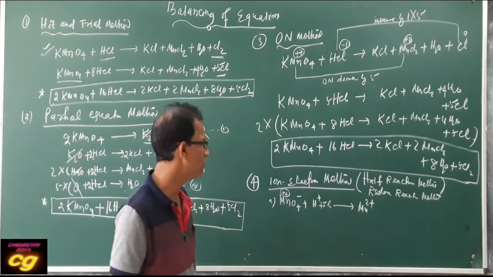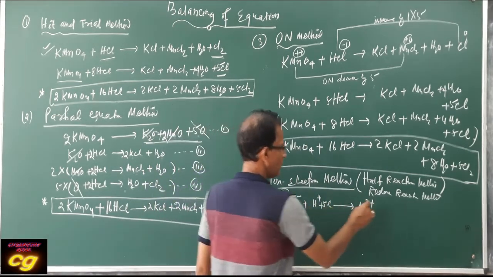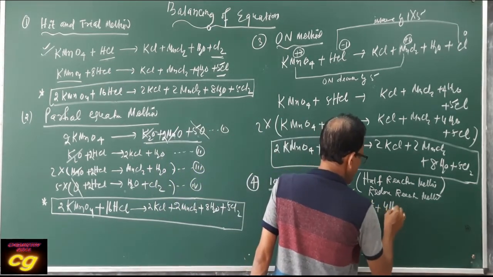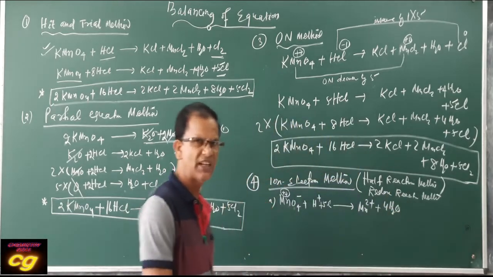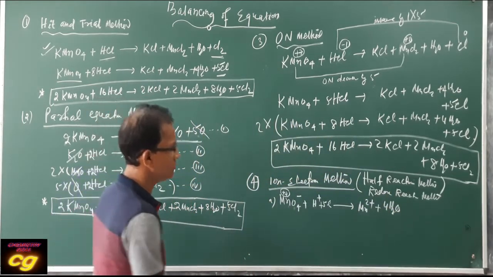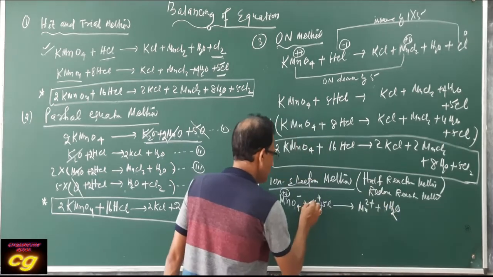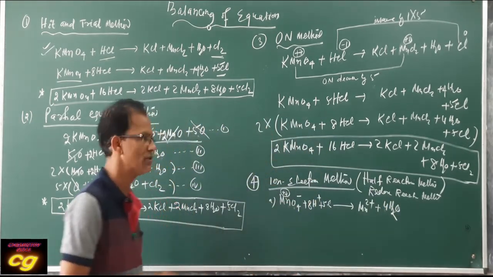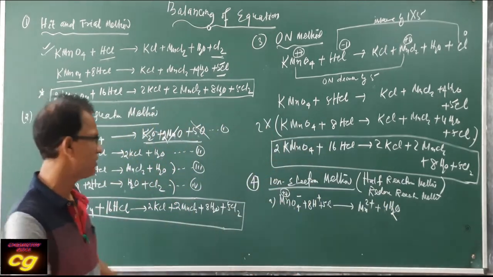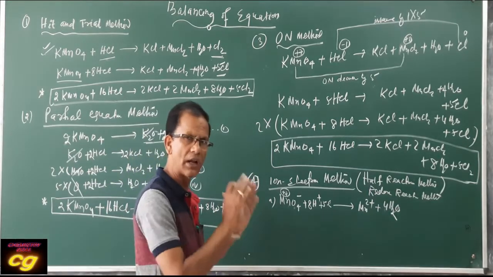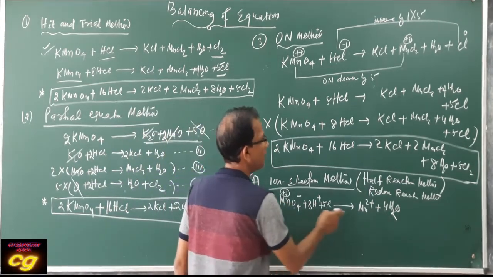Now just you see the charge. Here oxygen 4, write 4 water. To balance oxygen, you can add water. That is an important technique. Now hydrogen, how much? Hydrogen 4 into 2, that is 8. You multiply 8 here. Now 8H plus. Now you see it is balanced. The total charge and total atoms are balanced. Now Mn 1.